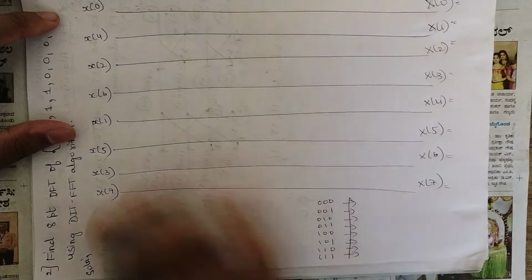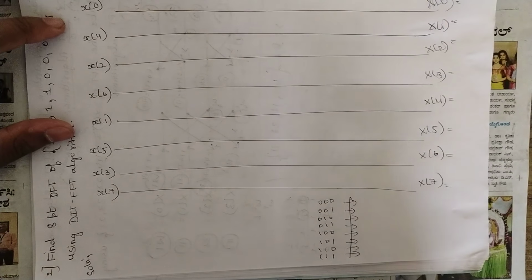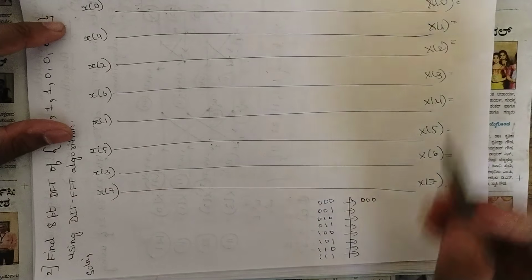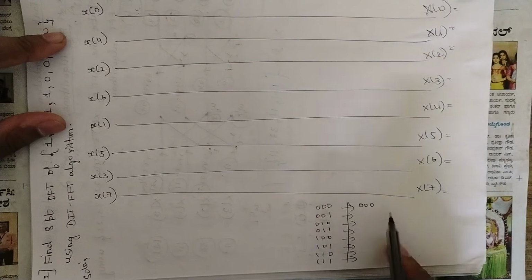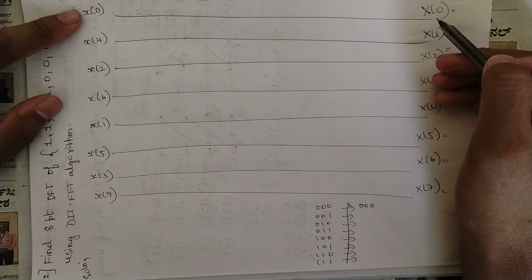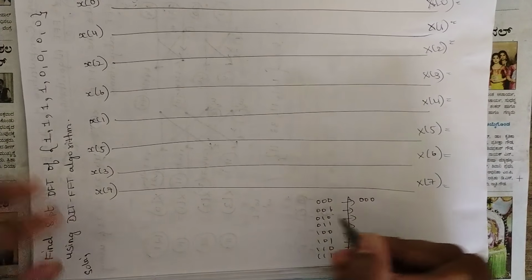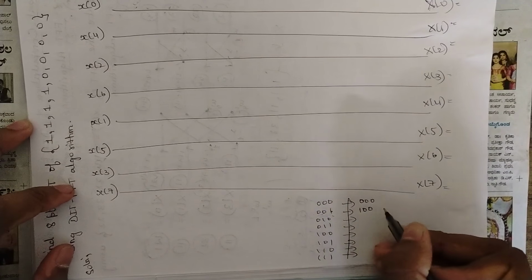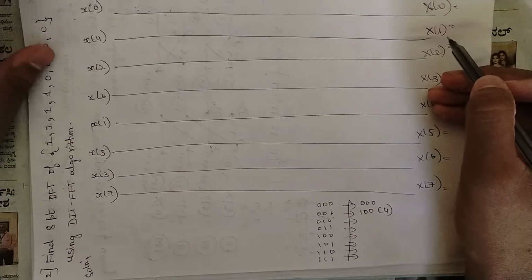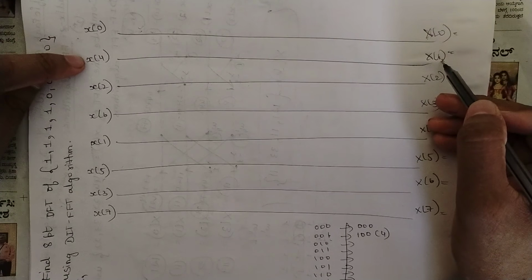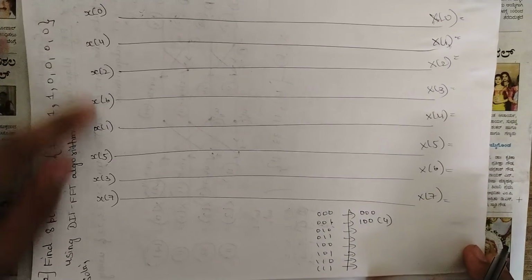Nothing much, reversing the bits, writing from right to left. First, 0 0 0 as it is, so x of 0 and x of 0. Now x of 1: if we reverse 0 0 1, we get 1 0 0. The value of 1 0 0 is 4. So here we have x of 1 and here small x of 4. Like that this procedure goes on.